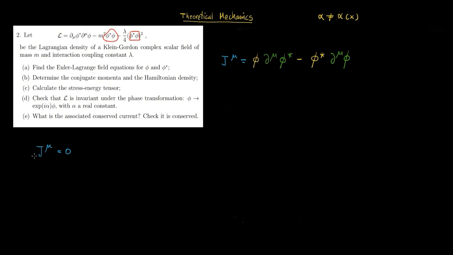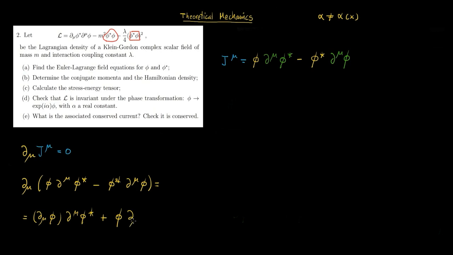Partial mu of partial mu phi partial mu phi star minus phi star partial mu phi is partial mu phi star plus phi partial mu phi star. This is the derivative of the first term, minus partial mu phi star partial mu phi minus phi star partial mu phi.